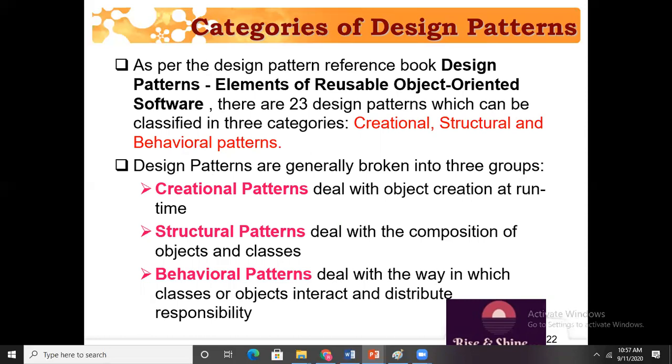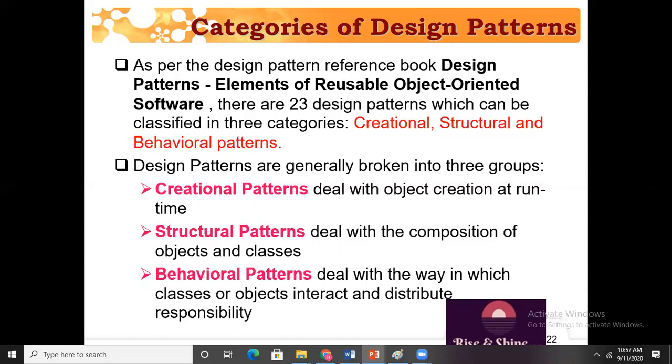These design patterns are again categorized into three types. As per the design pattern reference book by the Gang of Four, the design patterns are classified into three subsections: creational design patterns, structural design patterns, and behavioral design patterns.